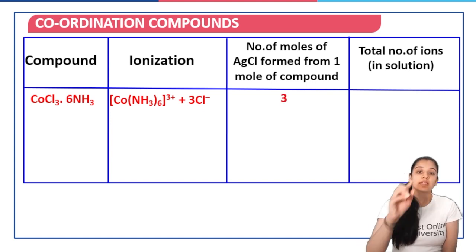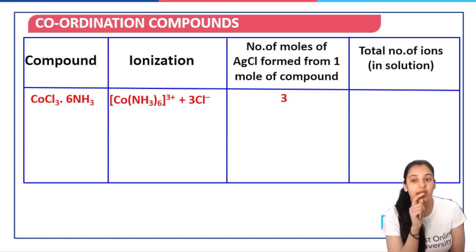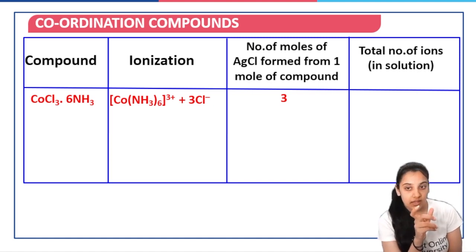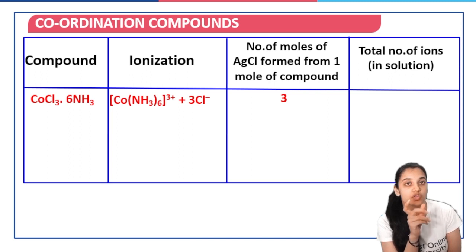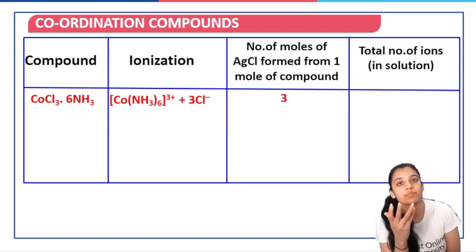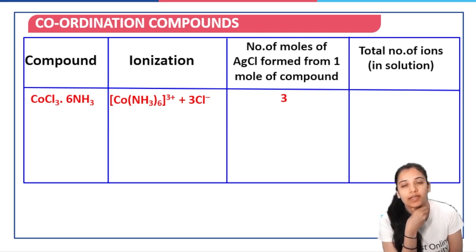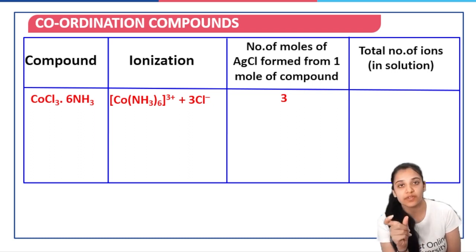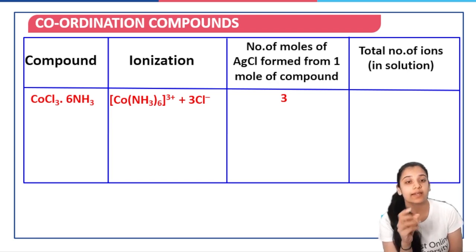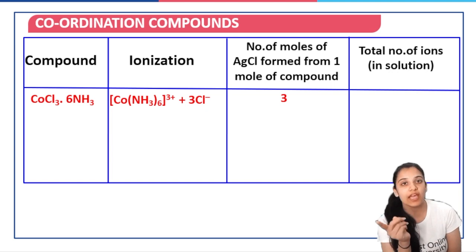So what he did was that he reacted the ionization products with Ag plus, some salt of silver, silver nitrate was the salt that he probably used. So he reacted this with silver nitrate, and we know that 3 Cl minus are going to form 3 moles of AgCl.